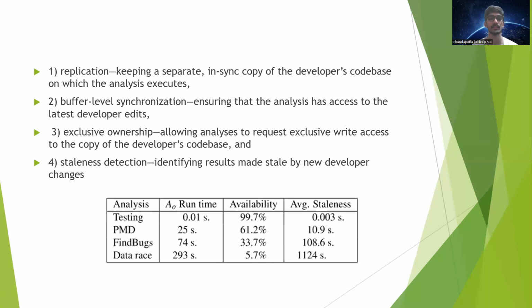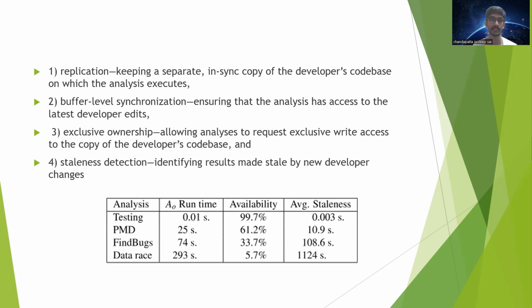Replication. So let's discuss the key terms. Replication: keeping a separate in-sync copy of the developer's code base on which the analysis executes. Buffer level synchronization: ensuring that the analysis has access to the latest developer edits.